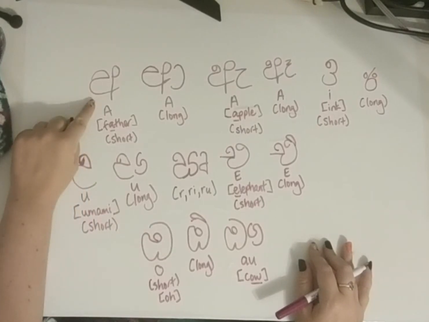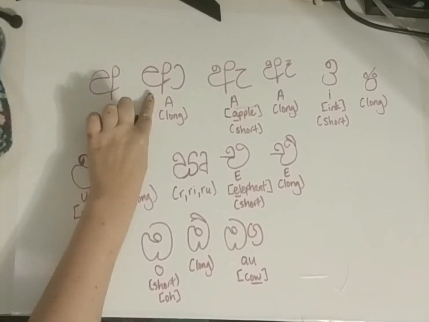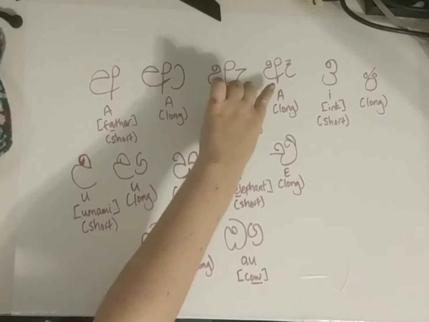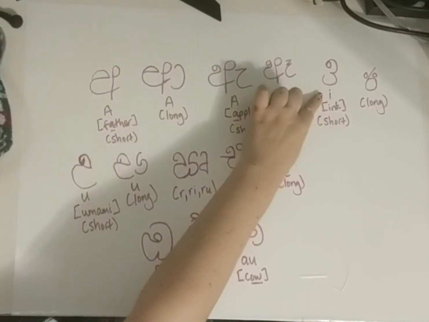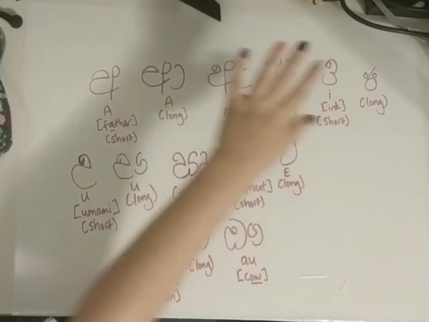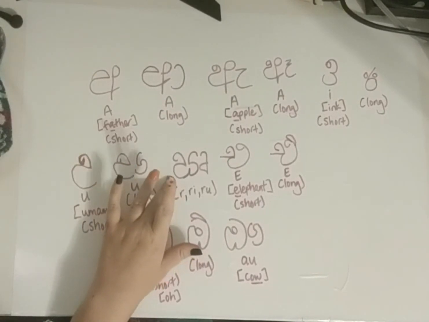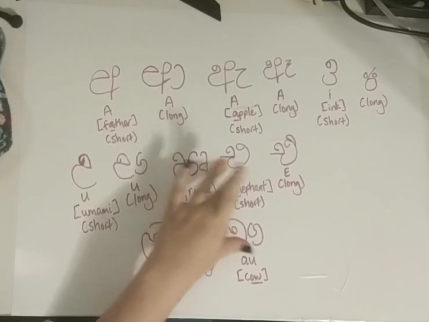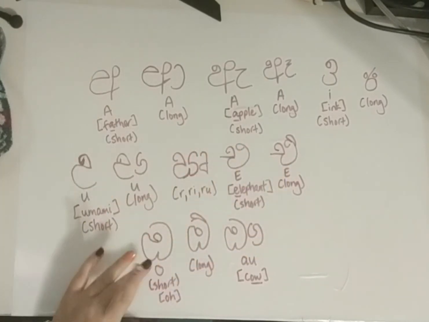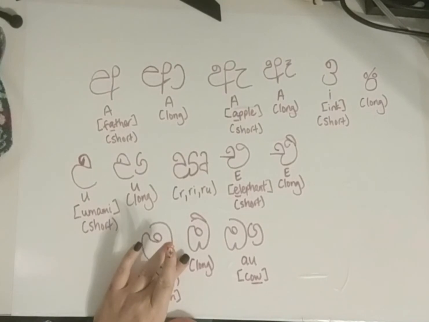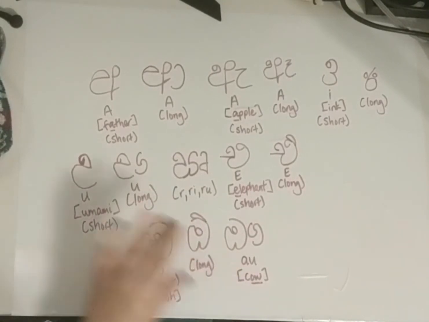We have a, ah, a, e, u, r, ri or ru, e, o, ow.